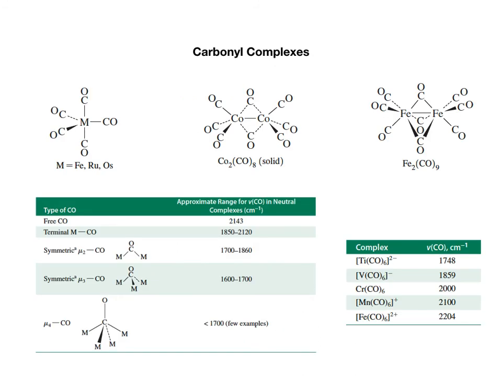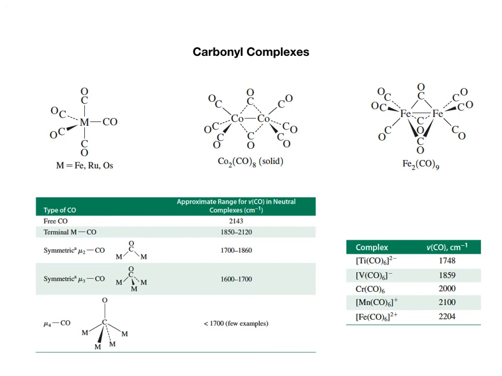So on the bottom, I showed a couple of IR vibrational data. One is for free carbonyl, and then you see typical monodentate donation to a metal center. So that'll give you a range of 1850 to about 2100.